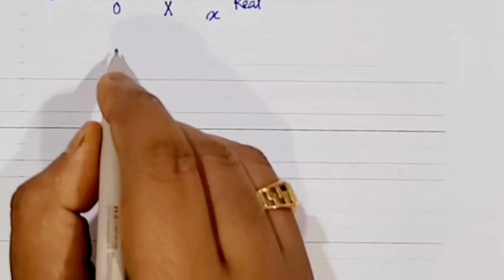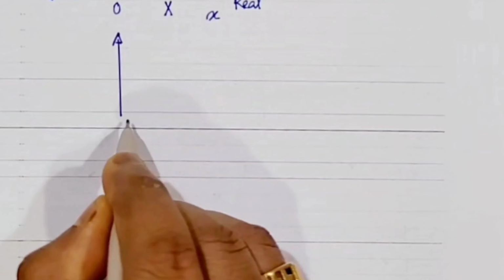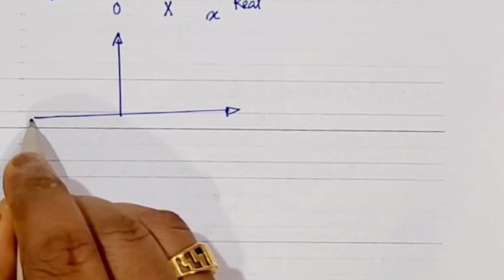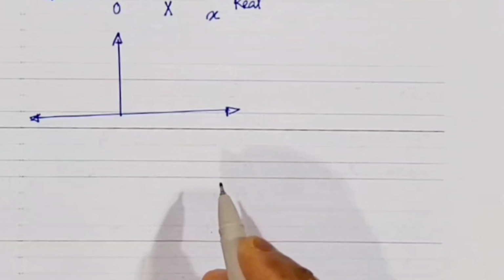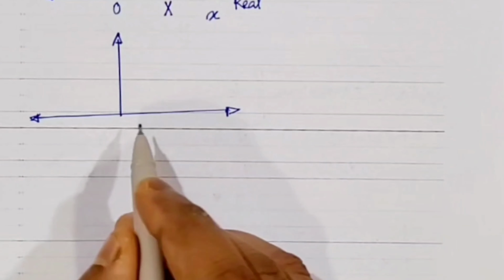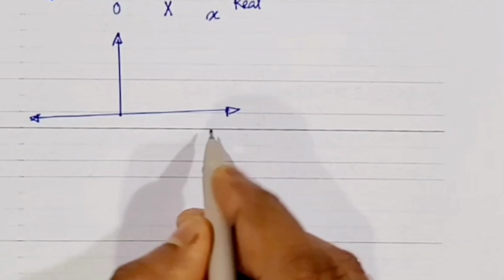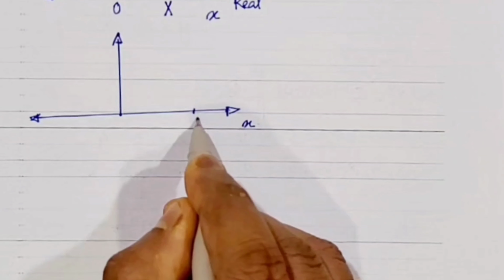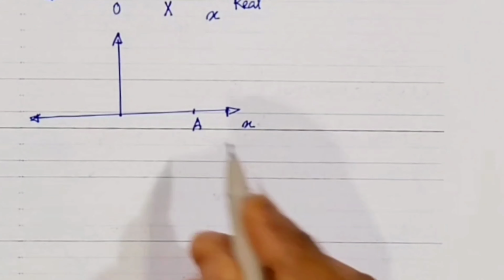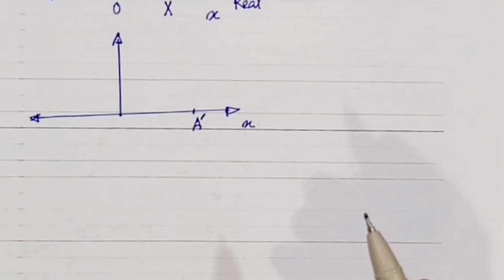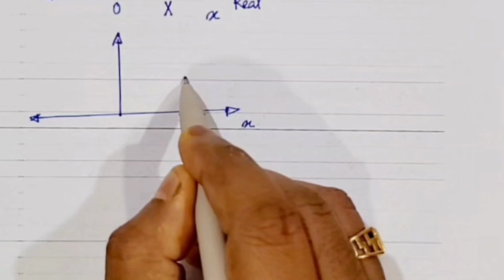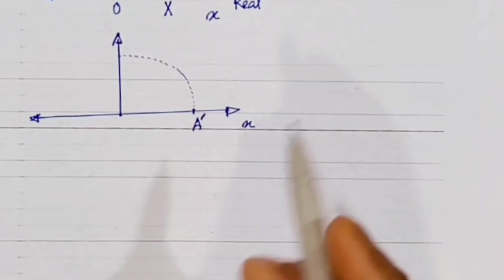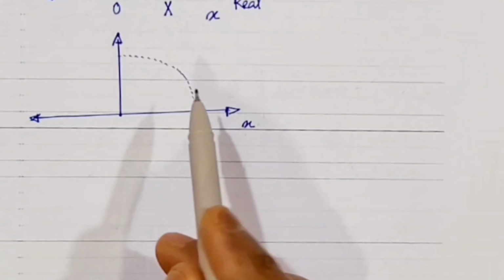Now let's say I'll just redraw this in a slightly different manner. Let's say OA was initially aligned with the x-axis. A would have been a point here. Let's mark that as A prime. That was the initial position of the point A. I'm trying to draw a circle, and this is like 1/4 of the perimeter of the circle.